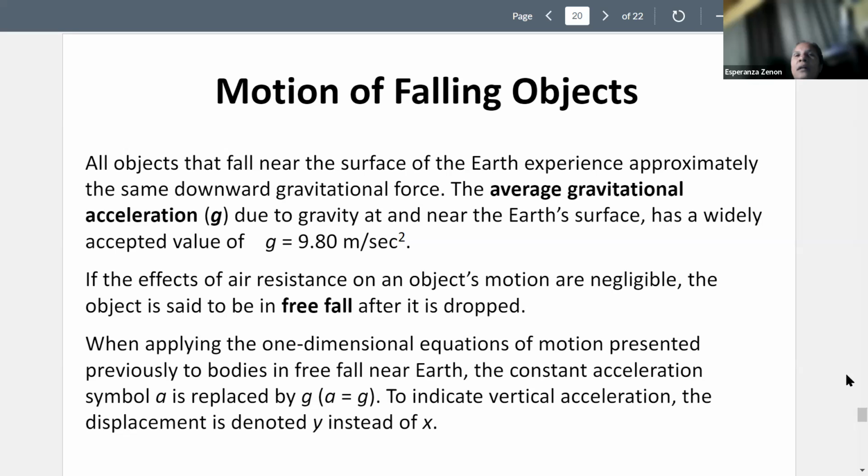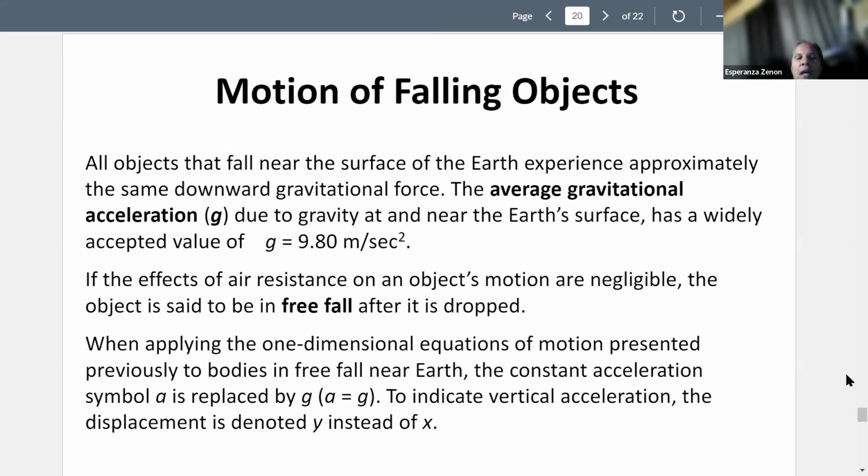And what gravity does to that object that is free falling is it accelerates it. And it always accelerates it by the same amount, 9.8 meters per second squared down. That's why when you throw the ball up, it comes back down. Why? Gravity. Gravity makes it come back down. How much?